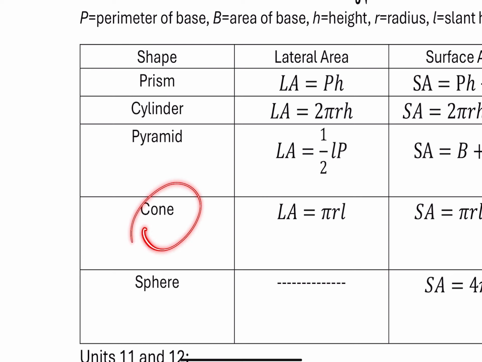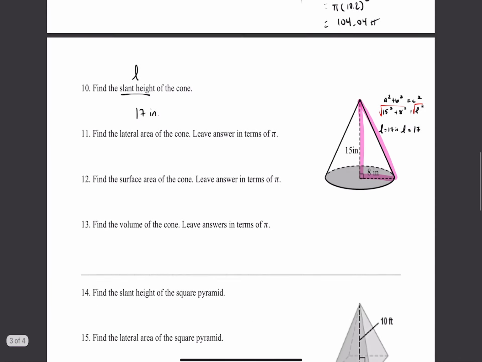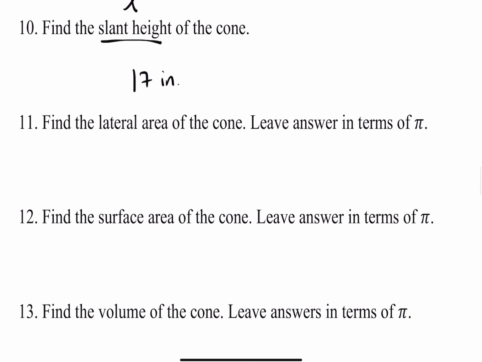The lateral area is equal to pi r l. So I have to have the radius, I have to have the slant height, and then we're going to leave our answer in terms of pi. We're going to slap that on later on.